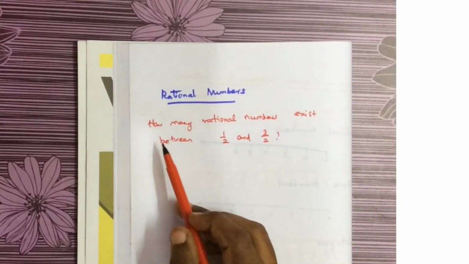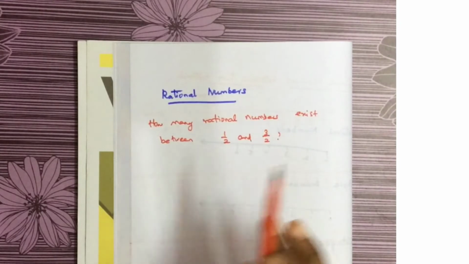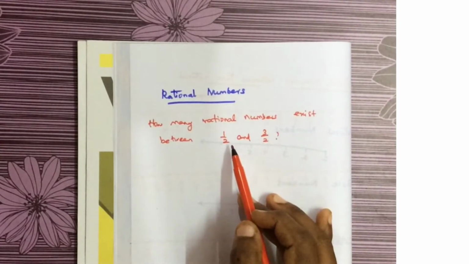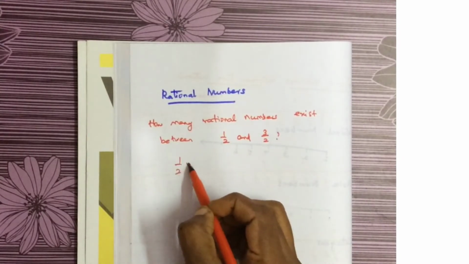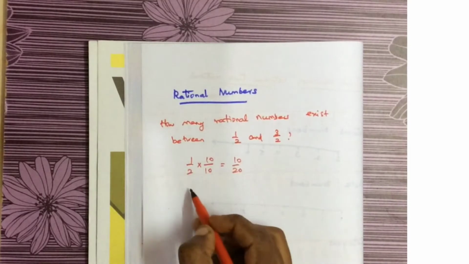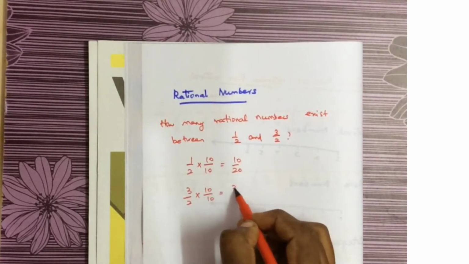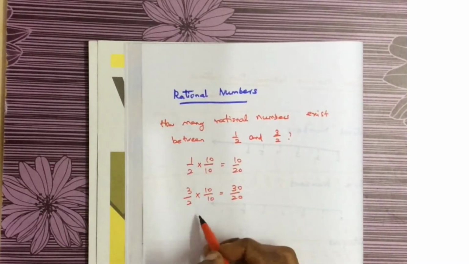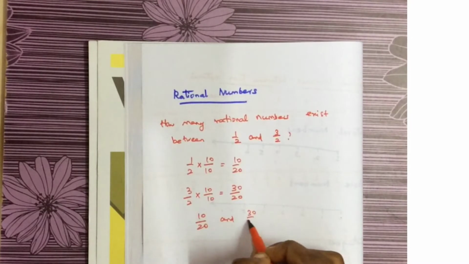So if the question is how many rational numbers exist between 1 by 2 and 3 by 2, I have two rational numbers, 1 by 2 and 3 by 2. So 1 by 2, if I multiply it by 10 by 20. Suppose 3 by 2 multiplied by 10, that is 30 by 20. So you can say 10 by 20 and 30 by 20.